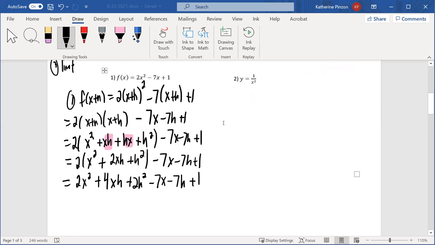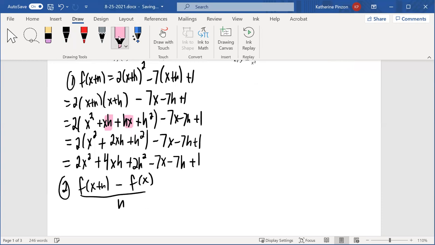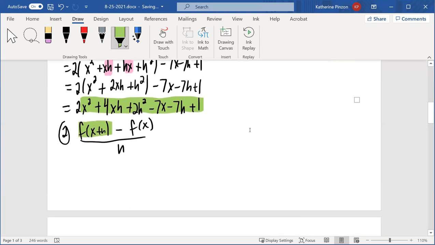So you can see that a lot of times this f of x plus h part is complicated, right? That's why I sort of do it as a first step all by itself. Because now I'm going to plug into that difference quotient formula. F of x plus h minus f of x divided by h. This whole piece right here goes in for f of x plus h. All of that stuff goes in for f of x plus h.